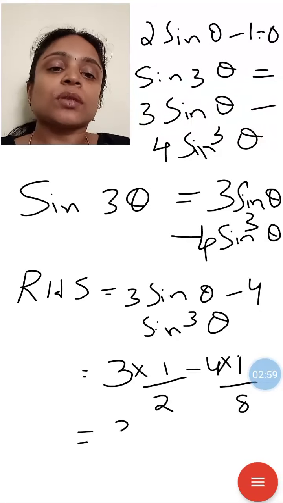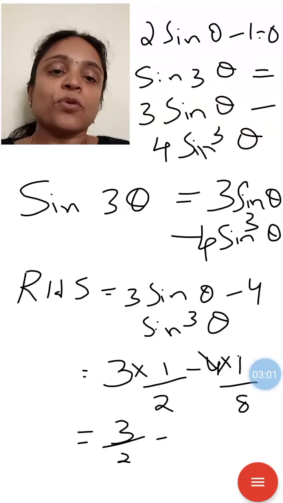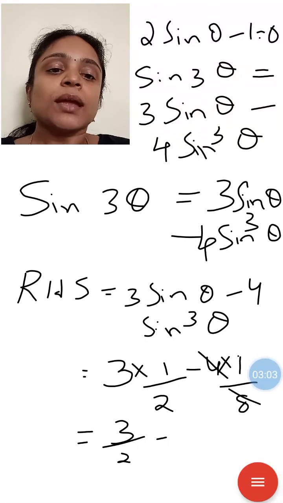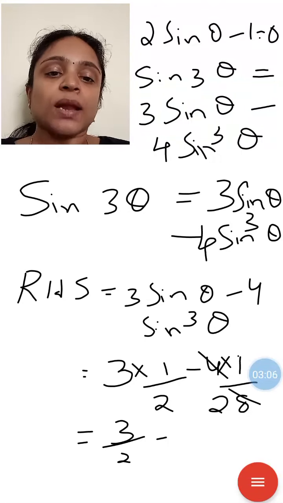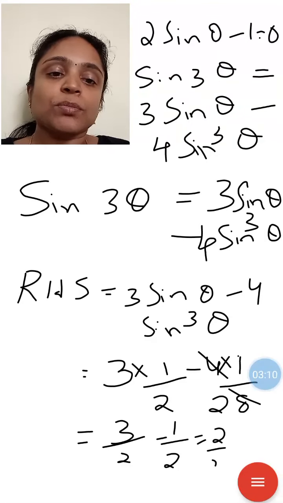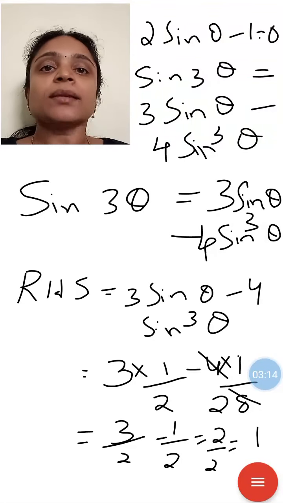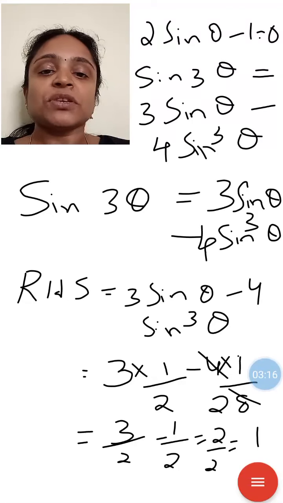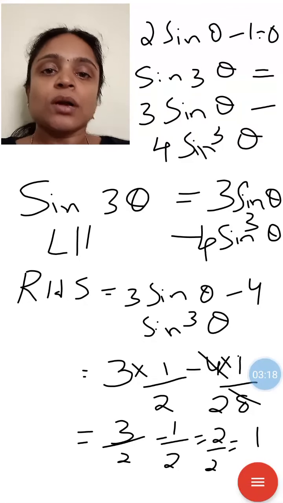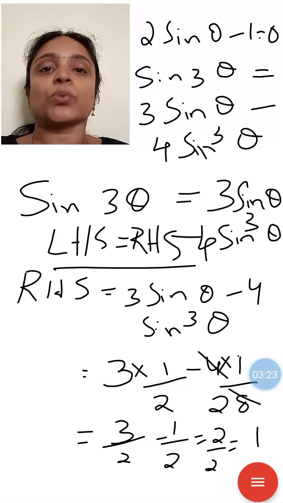So, 3 by 2 minus 4 and 8. 4 will go in 8 2 times. 3 by 2 minus 1 by 2, which is equal to 2 by 2, which is 1. So, we got LHS as 1 and RHS as 1, which means LHS equal to RHS. That is hence proved. Okay.